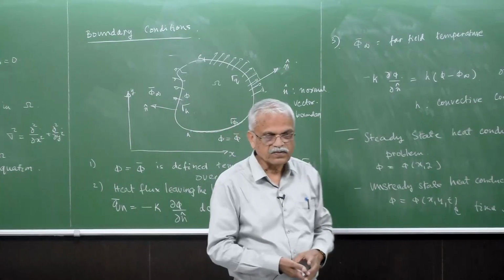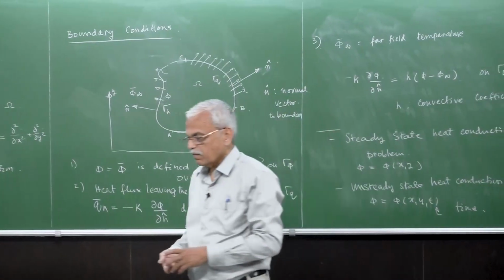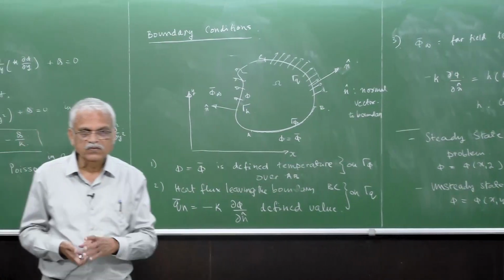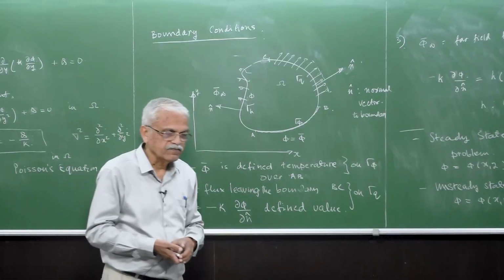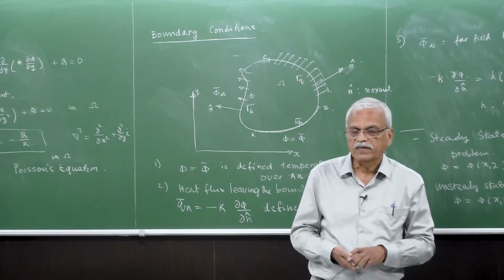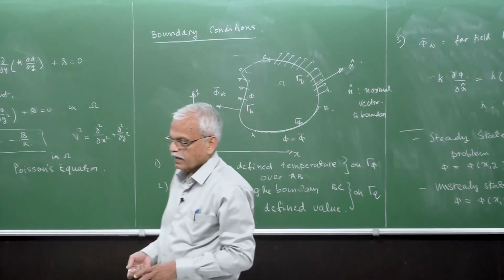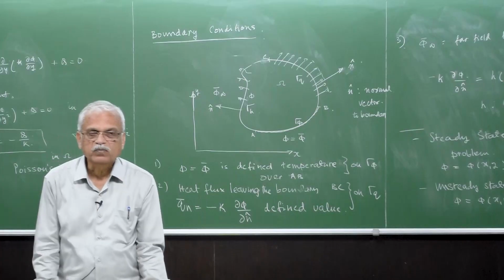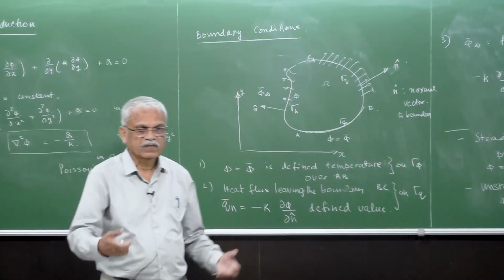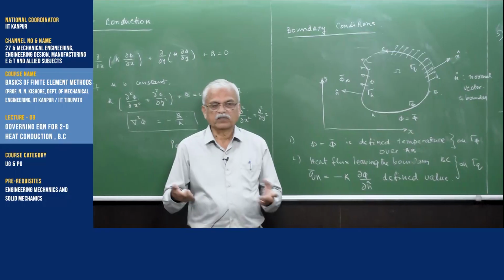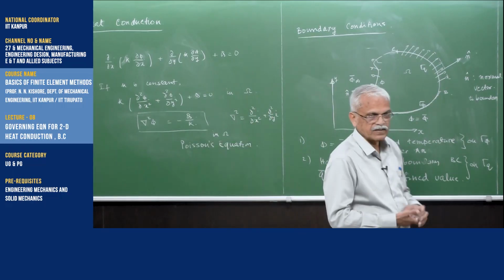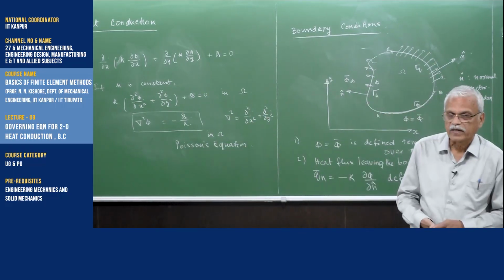Of course, we are going to talk a little later about solid mechanics problems, where the body is subjected to forces, and if it is a two-dimensional body, then every point within the body will be governed by two displacements. Every particle is going to undergo two displacements, u in the x direction and v in the y direction. So there you have two variables.